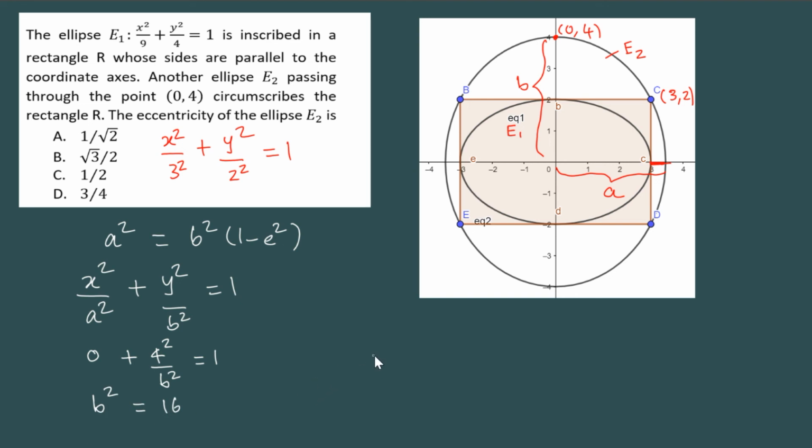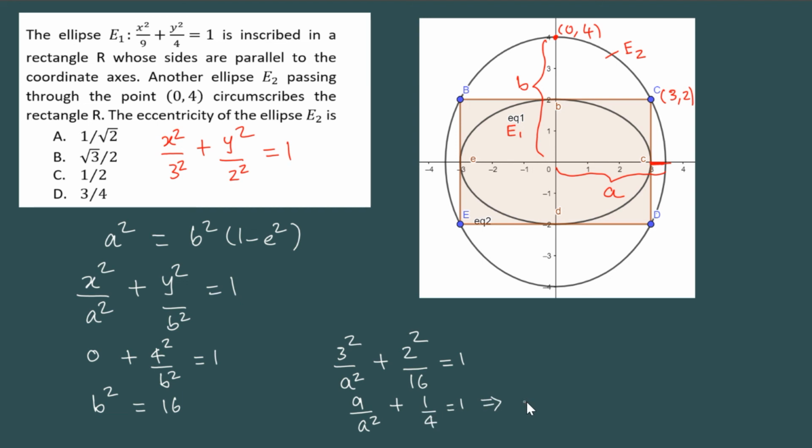Now if I substitute 3 comma 2, I have 3 square by A square plus 2 square by B square. Since I know what B square is, I substitute here. So I have 9 by A square plus 1 by 4 is equal to 1.